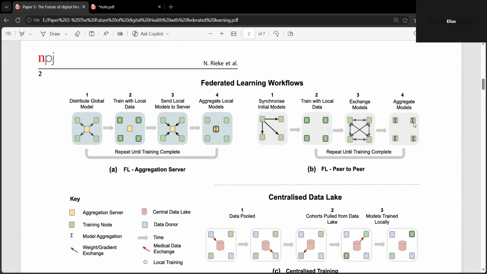This is probably less popular anyway, because it might be nice in an environment where we have less trust in a central server, but it's also a lot of sharing, because each node not only shares with one central server, but you see this specific node or hospital has to share with three other hospitals, instead of just sharing with one central hospital. That is going to be much easier.